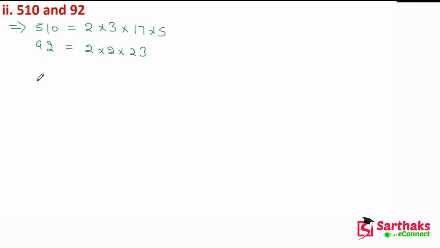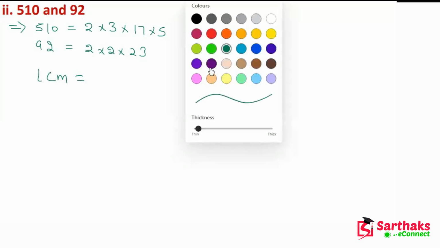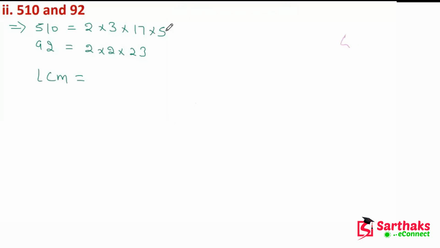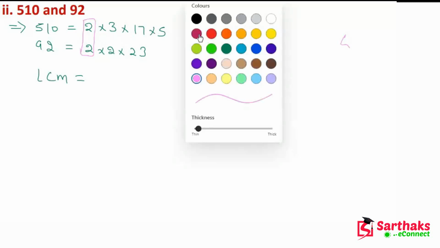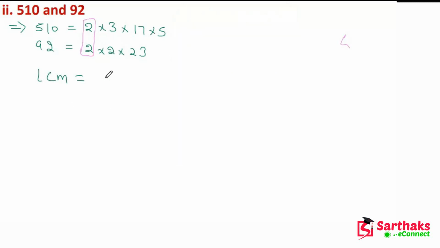So now what is the LCM? The common parts are these two. So here is 2, and the rest of the uncommon parts: 2 into 3 into 17 into 23 into 5. And this is the result.